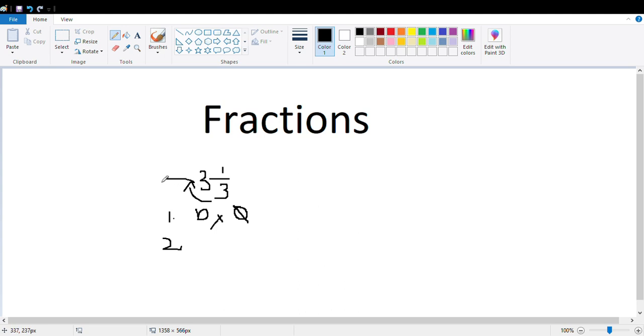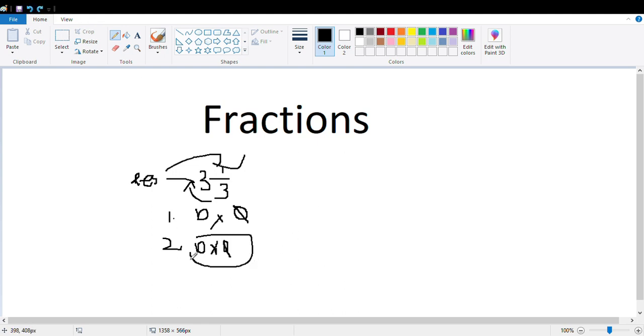Whatever the result is, you add it to the numerator, the remainder. So step 2: denominator into quotient plus the remainder. Sorry for the bad handwriting.